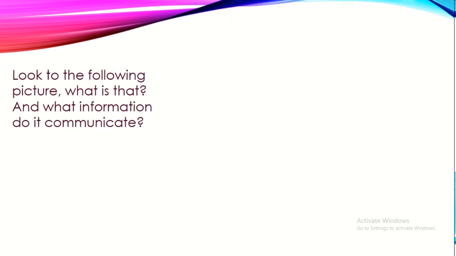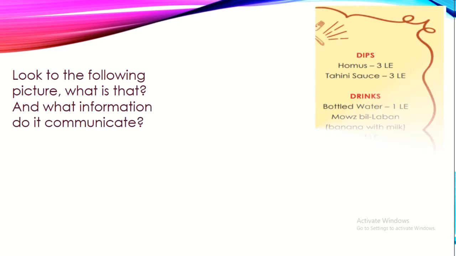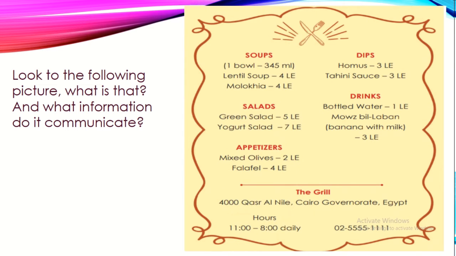Look at the following picture. What is that? And what information does it communicate? This picture represents a menu with numbers. It communicates a lot of information. For example, in soup, it tells me that the size of one bowl is 345 milliliters.